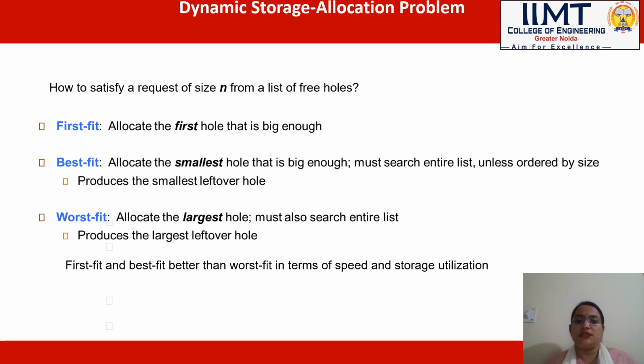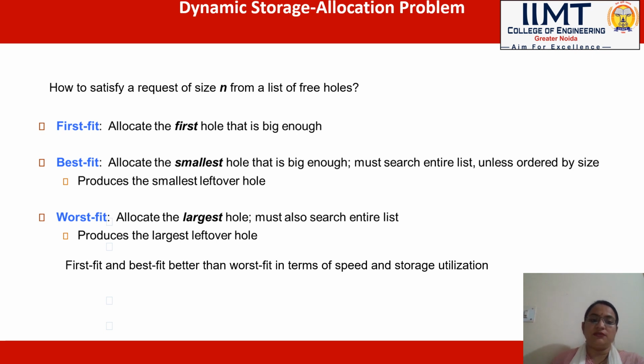Dynamic storage allocation problem. In this topic we will explain how to allocate holes from the free hole list to a process of size n, and this problem is known as the dynamic storage allocation problem. There are three strategies or algorithms to solve this problem.